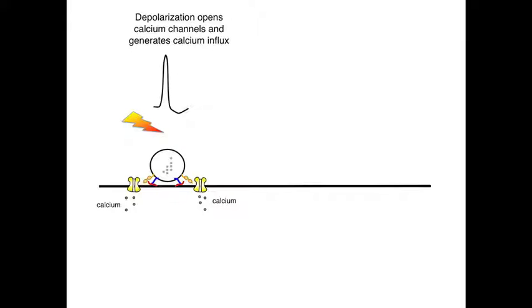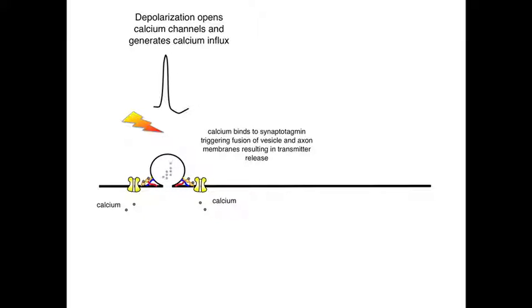That in turn opens the voltage-sensitive calcium channels, which allows for the influx of calcium. Calcium then binds the synaptotagmin, and the binding of the calcium to synaptotagmin in turn triggers the fusion of the vesicle and axon membranes, resulting in transmitter release, like that.